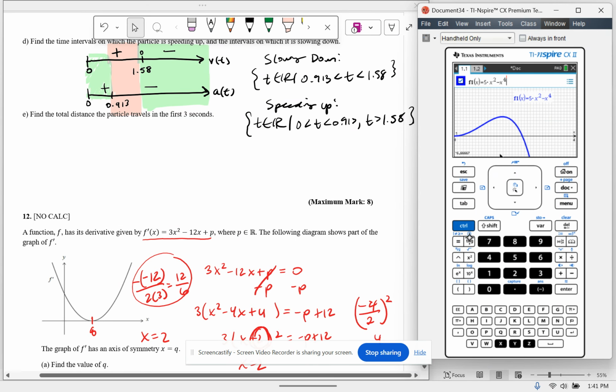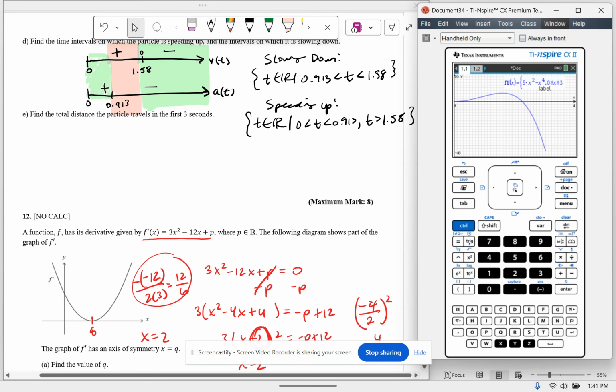And then I'm going to go back in here and I'm going to cut off the graph from 0 to 3. Okay, so it looks like I need to add some more negative numbers down here. Okay, cool.